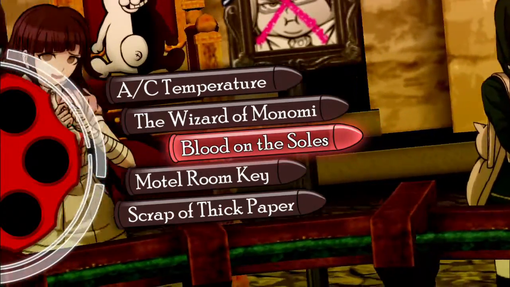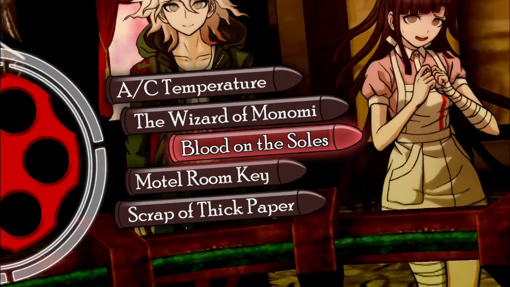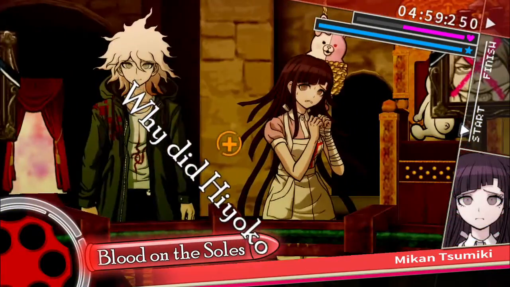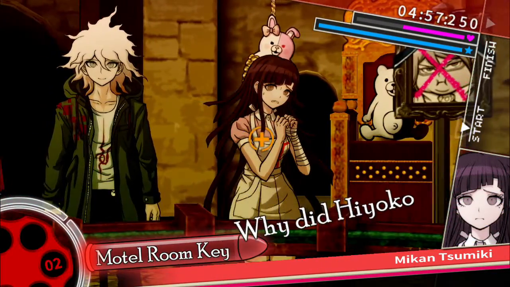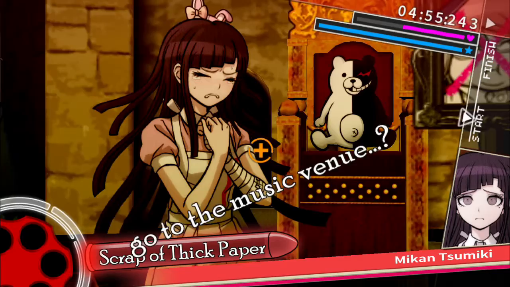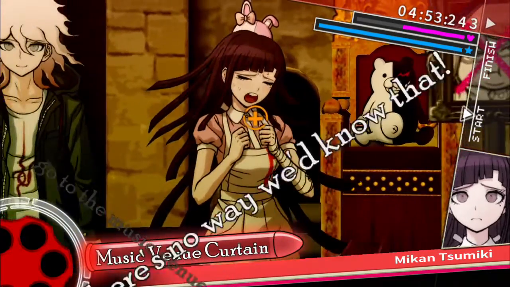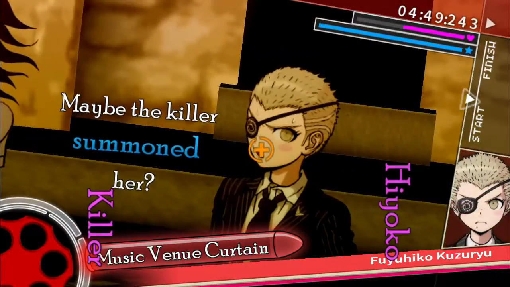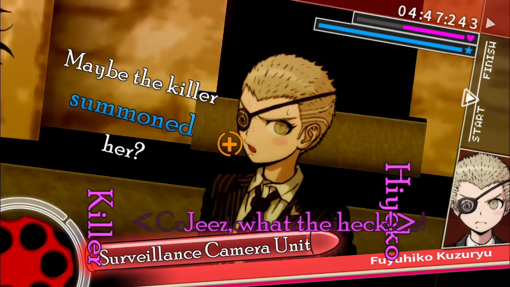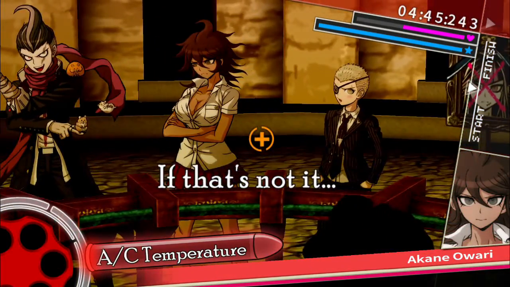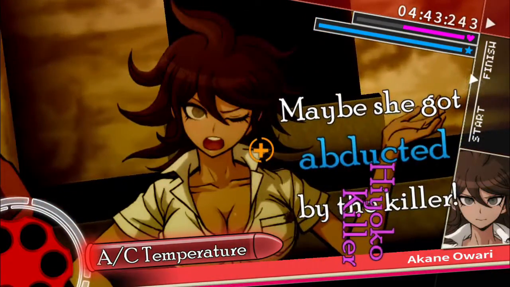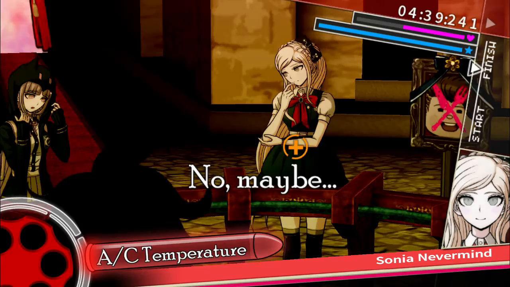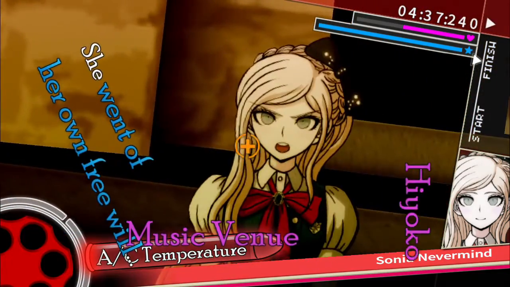Motel room key. Why did Hiyoko go to the music venue? There's no way we'd know that! Maybe the killer summoned her. If that's not it, maybe she got abducted by the killer. No, maybe she went of her own free will.